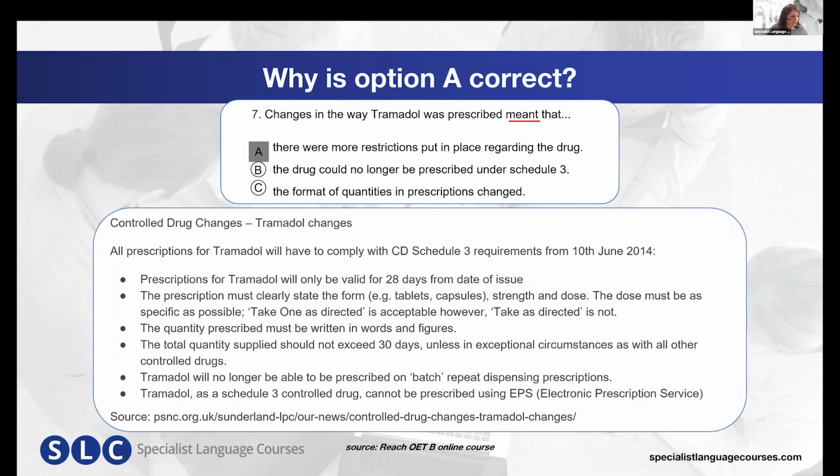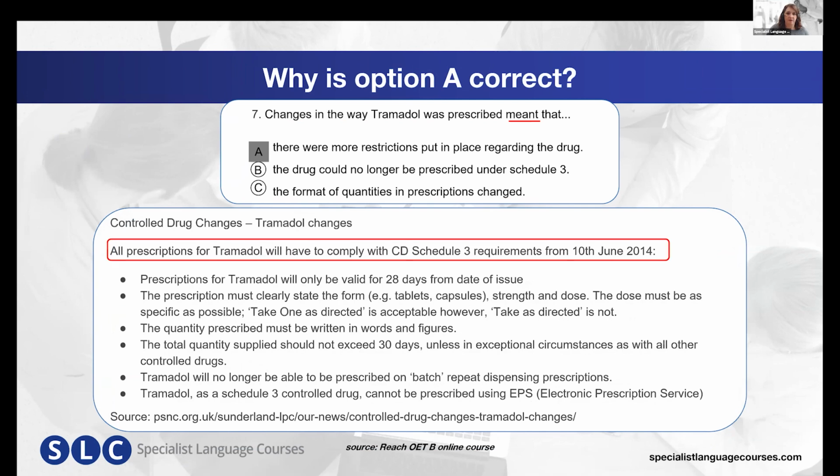There were more restrictions put in place regarding the drug. So we have a look at the text and we look at why this is correct. We're looking for information, and here we find what the change is going to be. And then we're looking for more restrictions. We can find the first restriction: valid for 28 days.